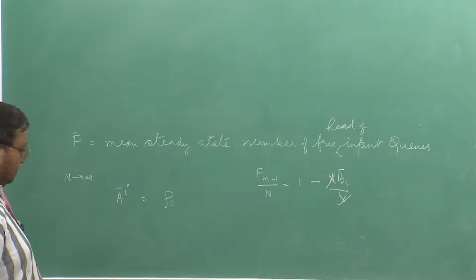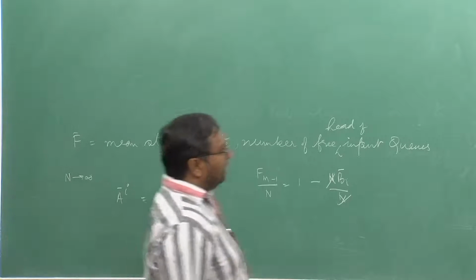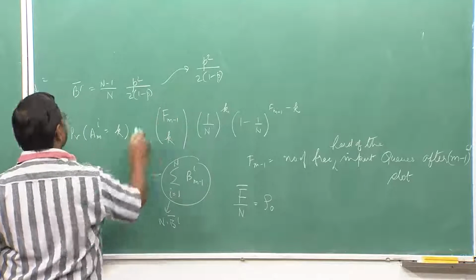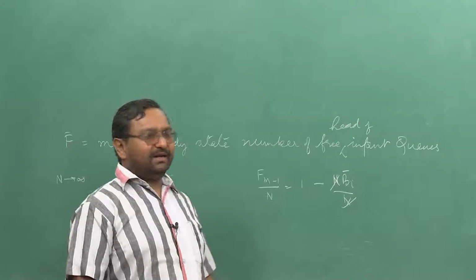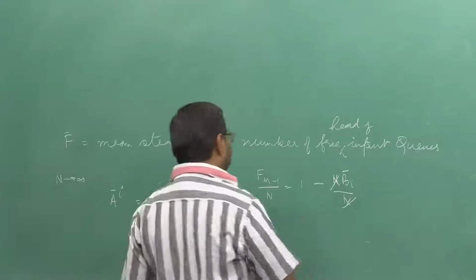And we have already figured out that my B i bar is this value in the limit when n goes to infinity, where p is nothing but technically the utilization of the line. So that p I can replace by rho naught.